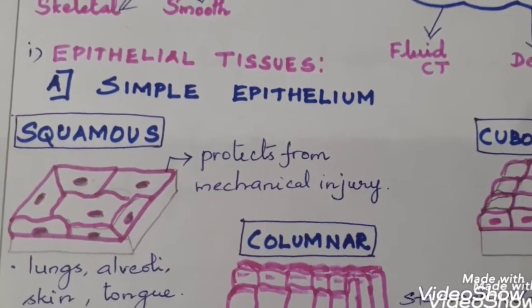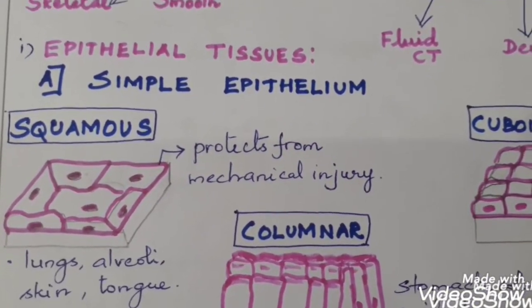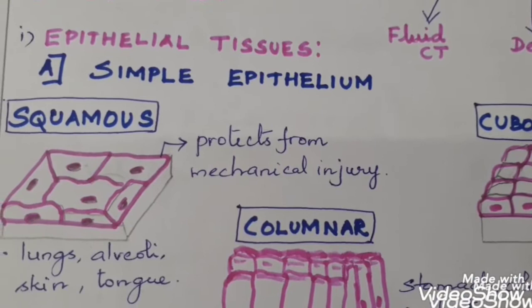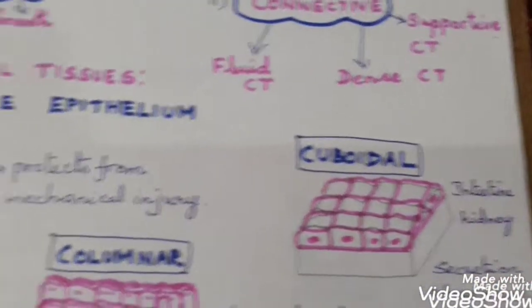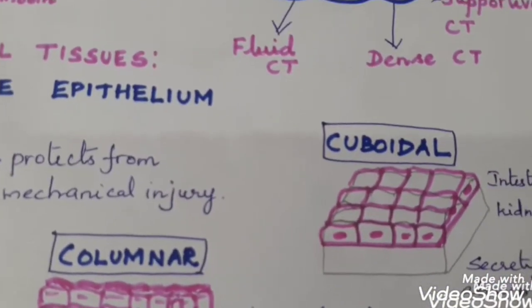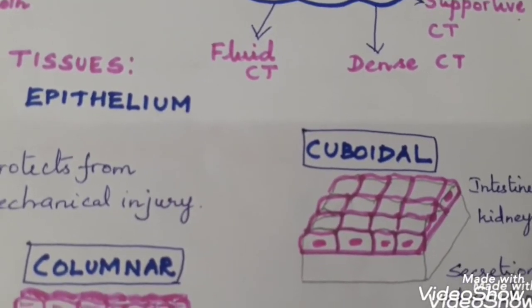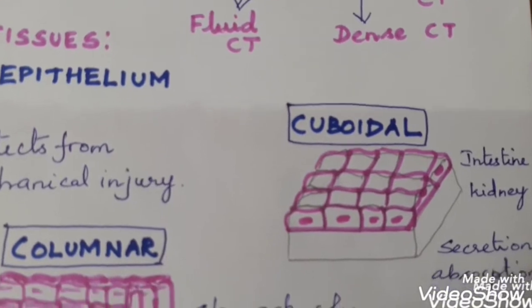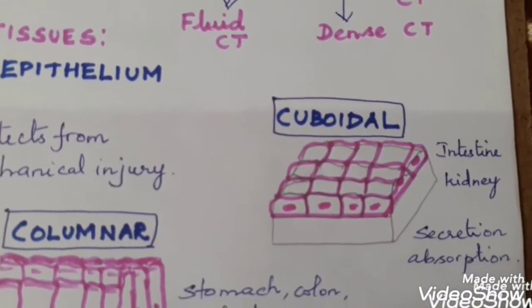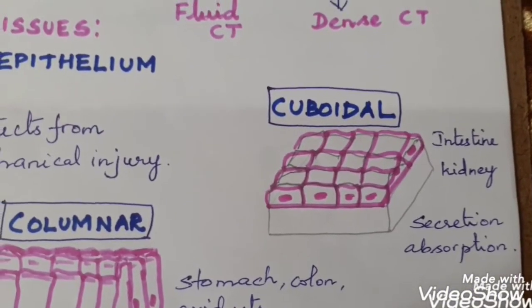They protect these delicate organs from mechanical injury. Cuboidal tissues are cube-like structures. They are present in the intestine and kidney. The functions of these tissues are secretion and absorption.